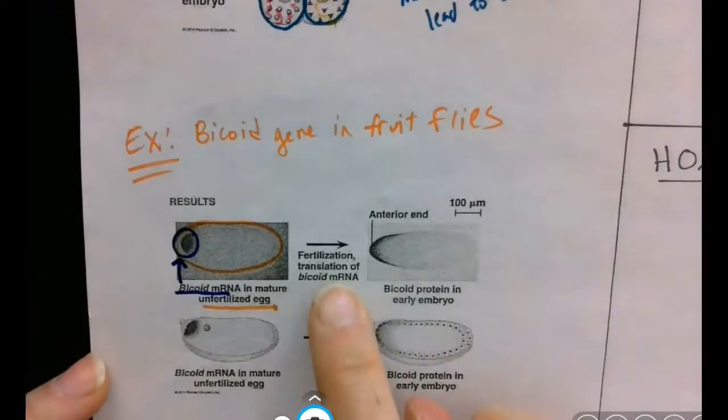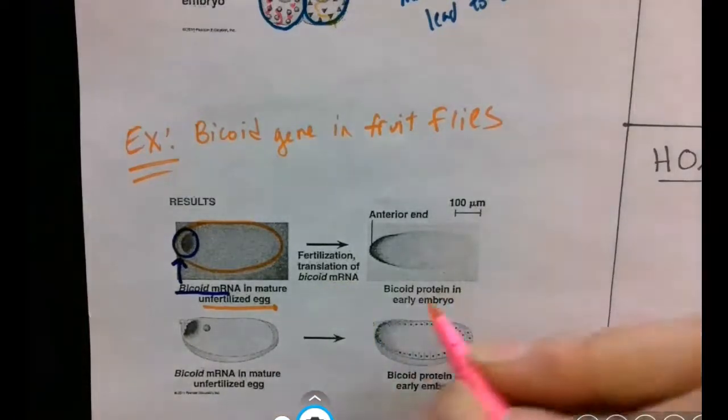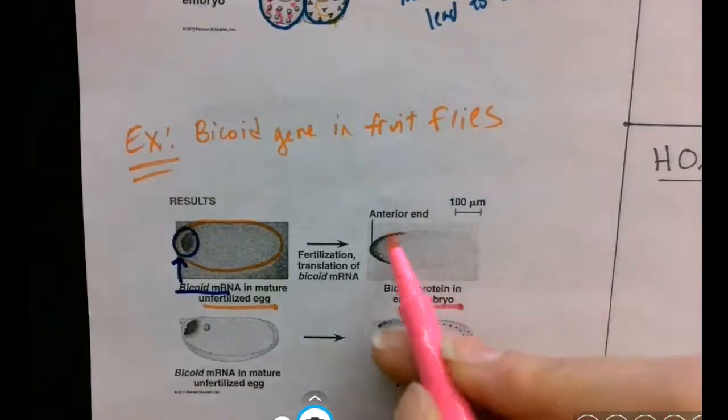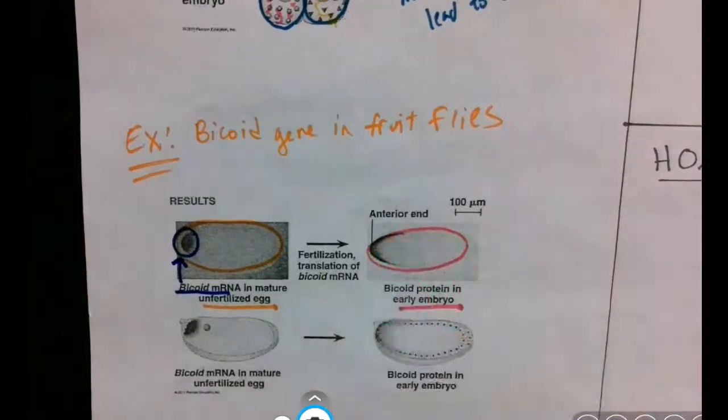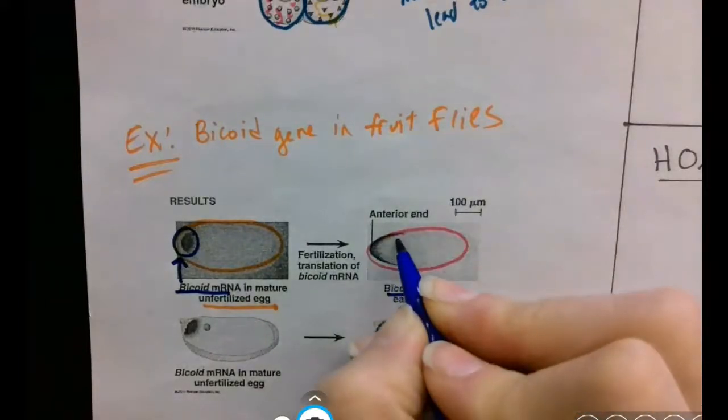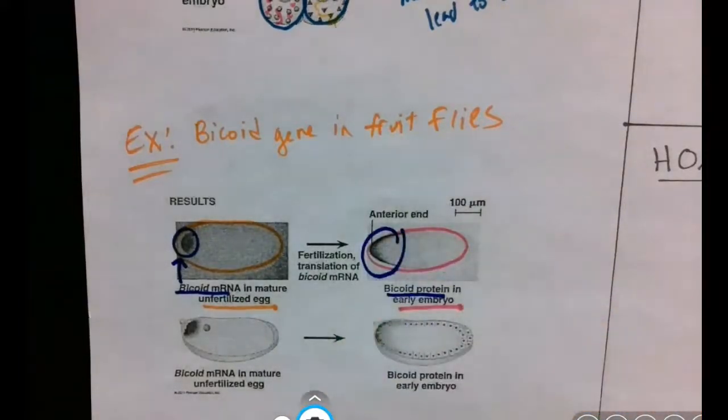After fertilization, now we see an early embryo here, and once again, when we look at this embryo, we can see the production of that same bicoid protein at the same side of this embryo.